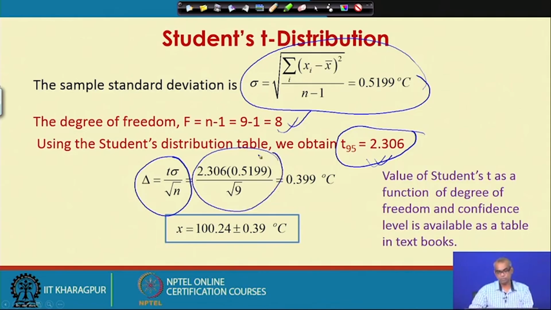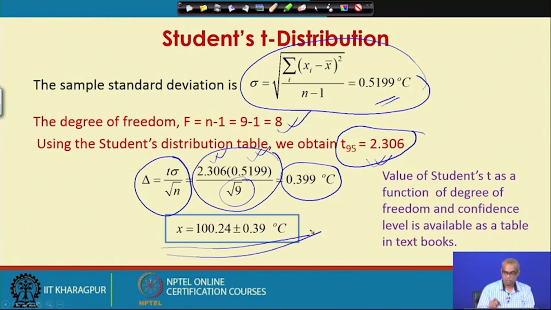You put in the values: t is 2.306, standard deviation is 0.5199 and square root of n is square root of 9, and it happens to be 0.399. So, the temperature measurement is now expressed as the mean 100.24 plus or minus 0.39 degrees Celsius.